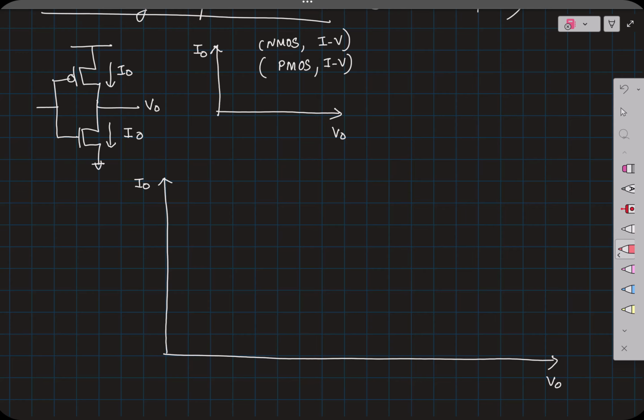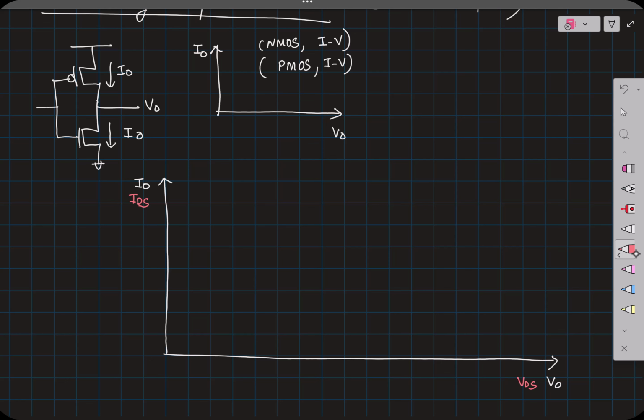Can you tell me what is I0? That is the same as the drain to source current. So this is your IDS. What about V0? What does V0 correspond to for the NMOS transistor? We have seen this. This is VDS, right? So I'm basically looking at the ID versus VDS plot for the NMOS transistor.